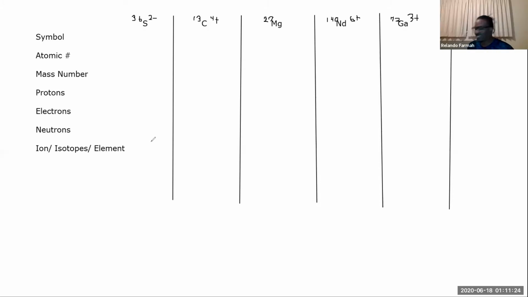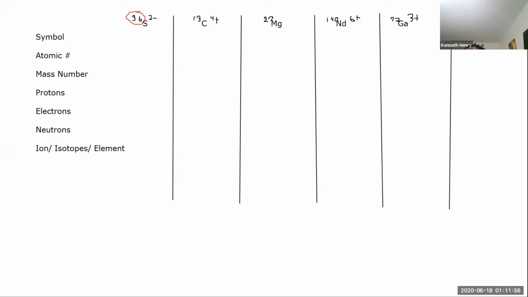Do you want to just revert back to me? Okay. So first off, tell her what these numbers mean right here. I thought you were just asking for the mass number. Isn't that the atomic mass? It is not the atomic number, it's the mass number.